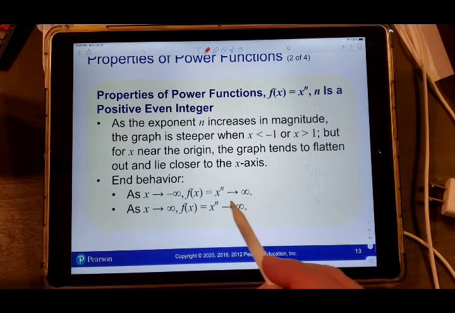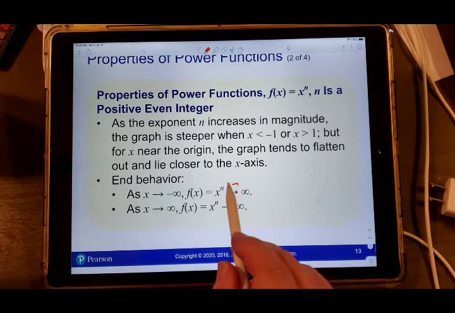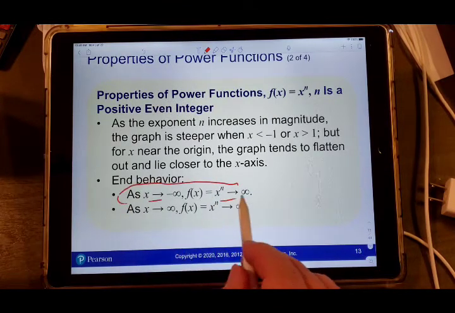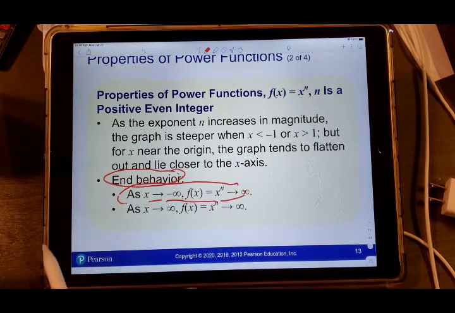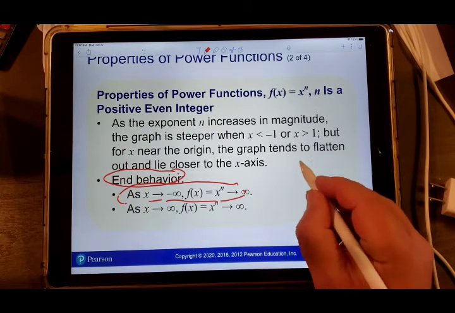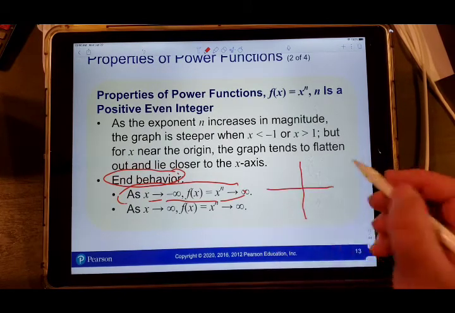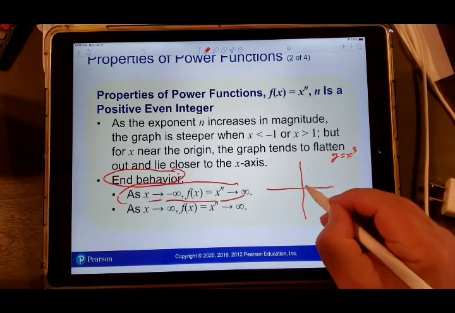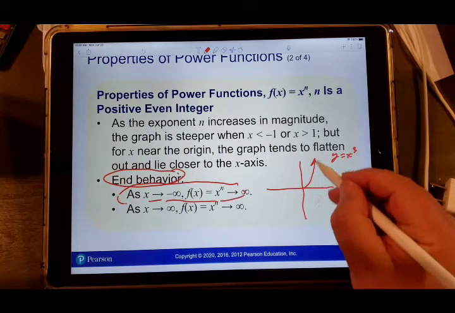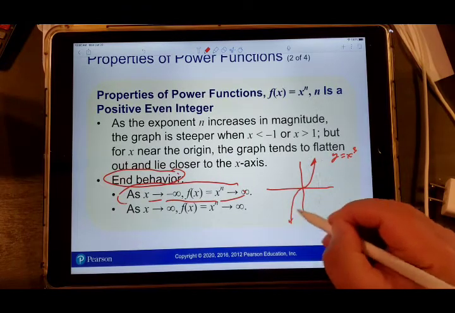Now this idea, I'll talk about it again a little bit later, but the way I like to introduce this idea of end behavior is when we're graphing, we're actually interested in how the graph leaves the box. Probably the simplest graph of this kind, maybe not the simplest, but y equals x cubed, kind of looks like a half parabola going this way and a half parabola going this way.